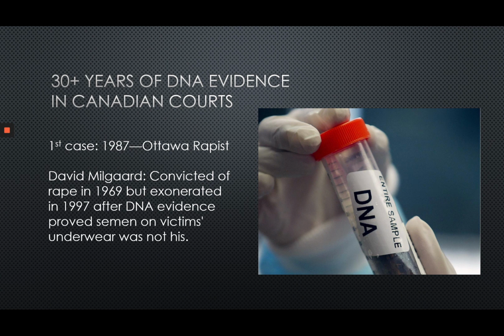So I believe he got a pretty large sum of money from the government of Canada because they had wrongfully convicted him of rape. He spent about 28 years in prison, and if it weren't for DNA evidence, he would pretty much still be in prison. So this type of evidence is very important, and it's quite useful.